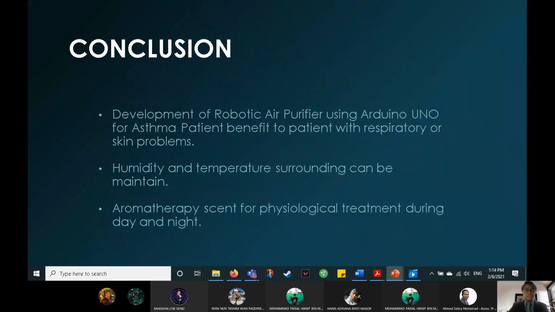So for my conclusion, this project is beneficial for people with respiratory problems like asthma or skin problems like eczema. The humidity and temperature of the surroundings can be maintained, and the aromatherapy scent provides treatment during the day and night.